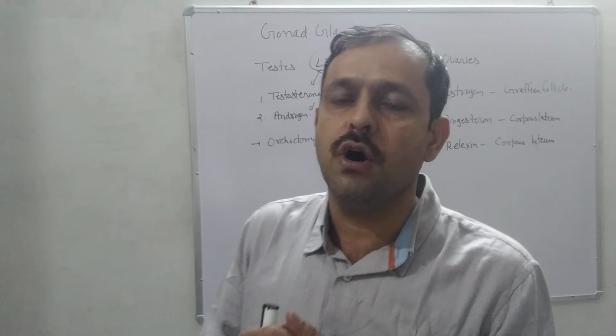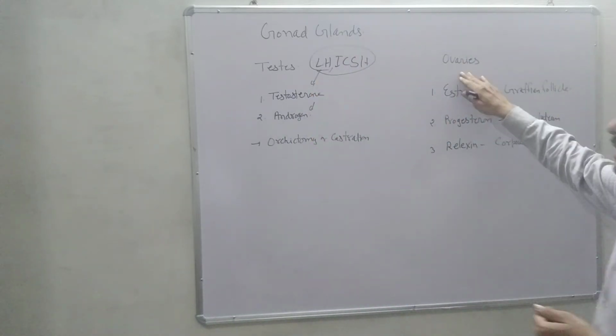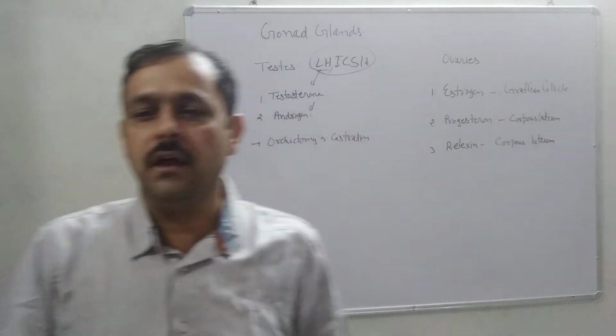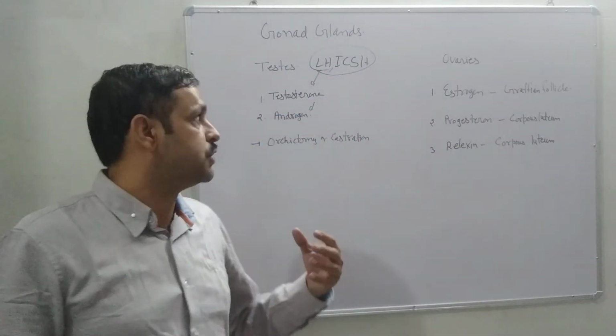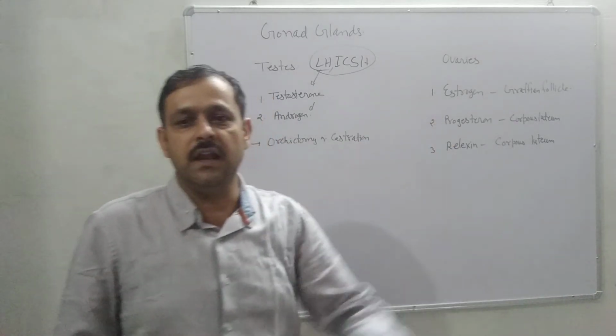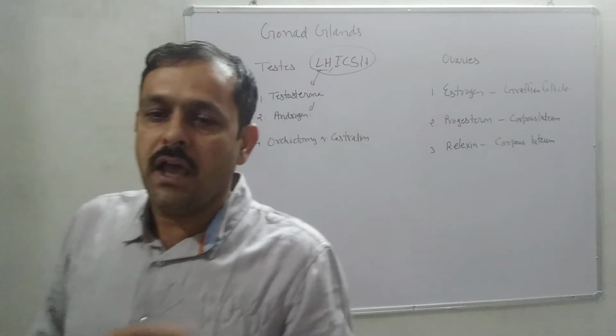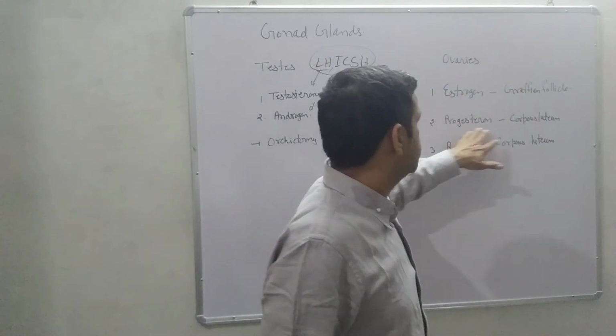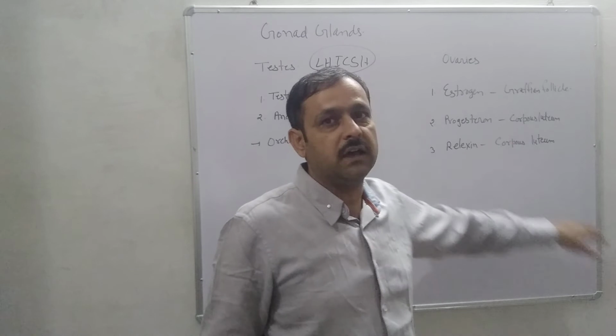Now the ovary, you know this is found in females, and the ovary secretes three types of hormone: estrogen, progesterone and relaxin. Estrogen hormone is secreted by the Graafian follicle, progesterone by the corpus luteum, relaxin by the corpus luteum.